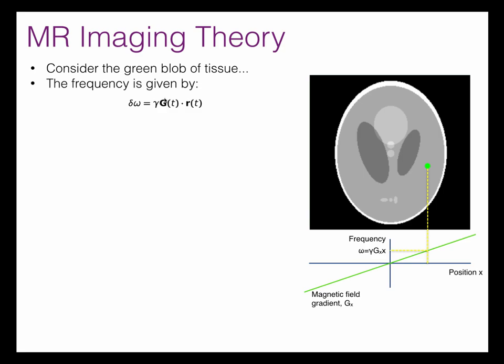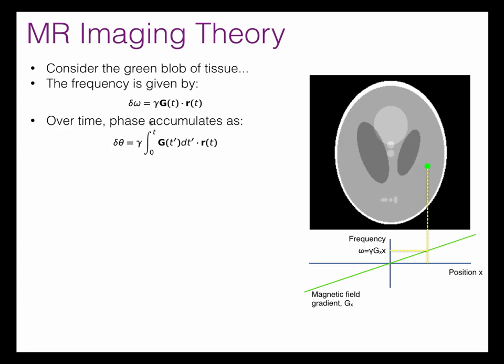G of t over time is called a gradient waveform. Over time, the phase will accumulate as the integral of the local frequency. So we have gamma, a constant, times the integral from 0 to t of G of t dt, dot R. And R is considered constant here, so it shouldn't really be R of t.